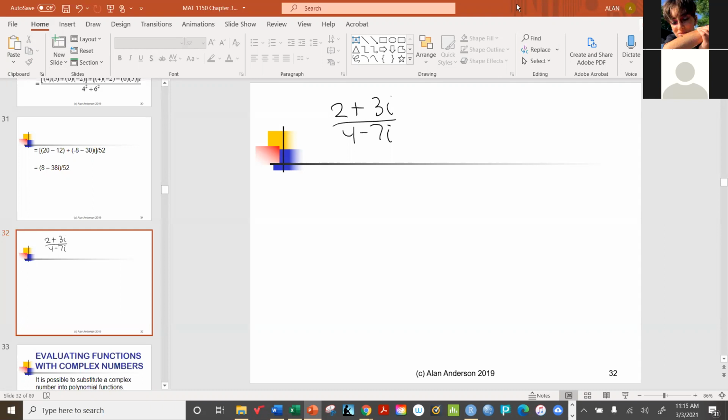So yeah, don't forget, what we're going to start out by doing is multiplying this by 4 plus 7i over 4 plus 7i, because these are the complex conjugates of 4 minus 7i.